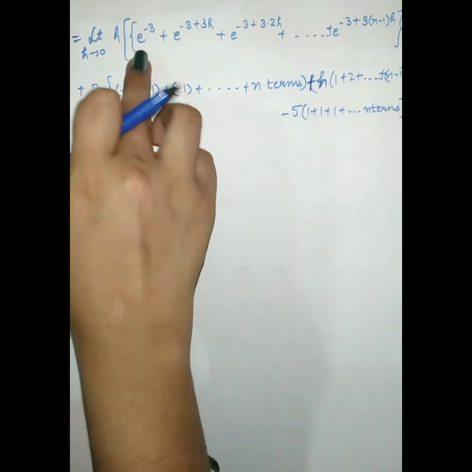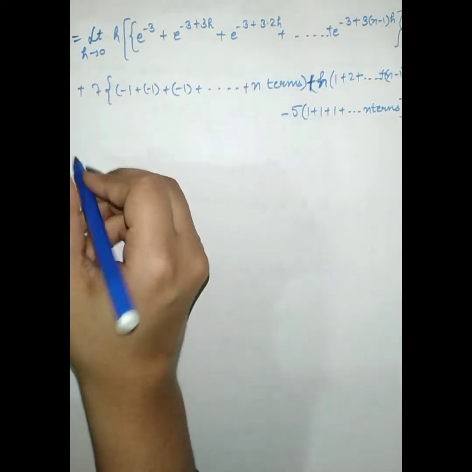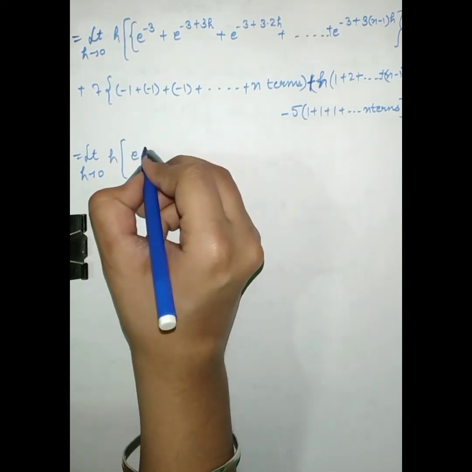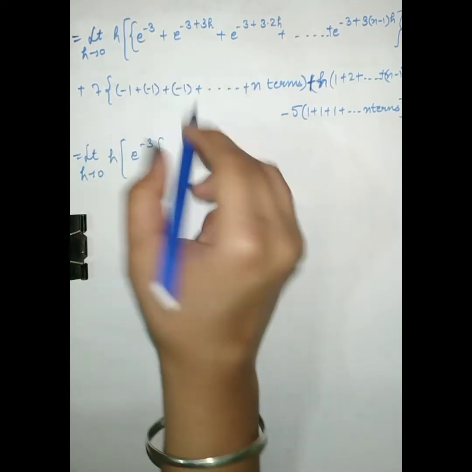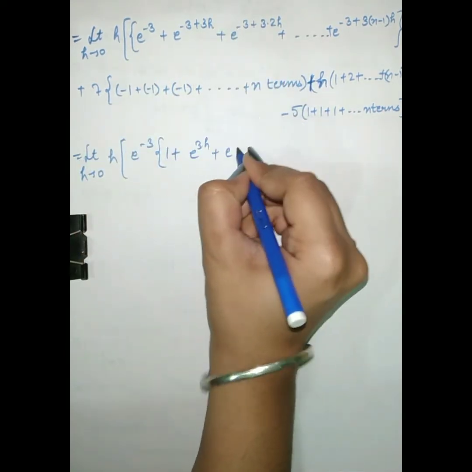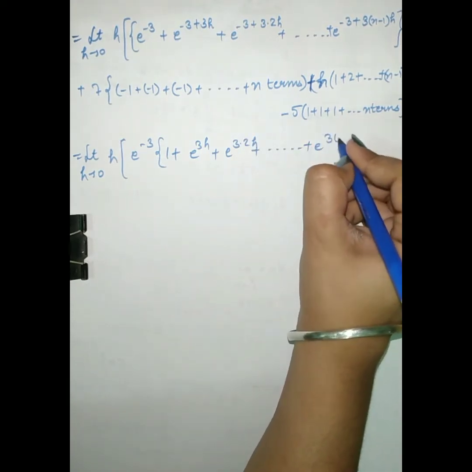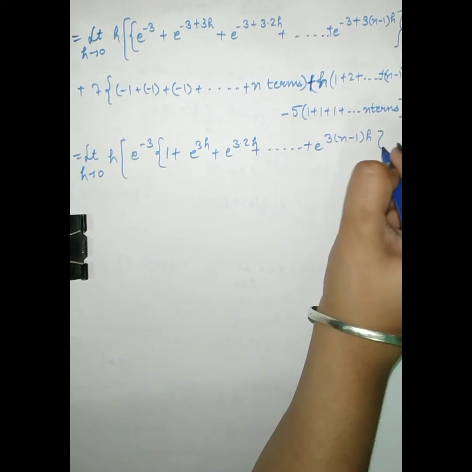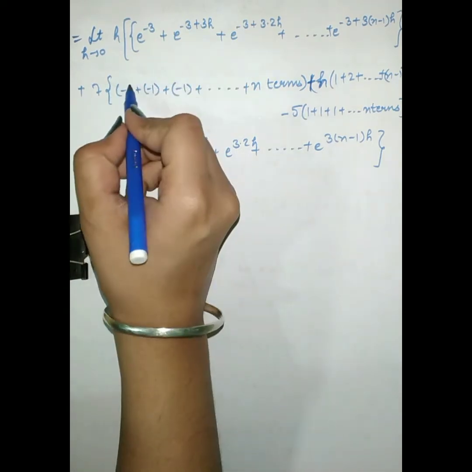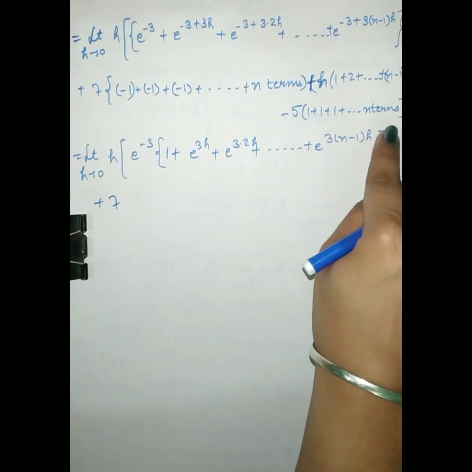From this term, if we see, e raised to the power minus 3 will get common from this part, then we get the limit h approaches 0 of h into e raised to the power minus 3, which is multiplied by 1 plus e raised to the power 3h plus e raised to the power 3 into 2h plus up to e raised to the power 3 into n minus 1 into h, plus 7, and by the formula, minus 1 plus minus 1, that means 1 plus 1 plus 1 up to n terms, will be equal to n.